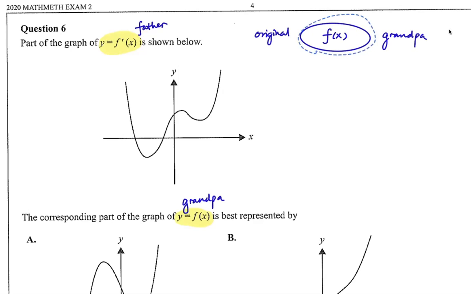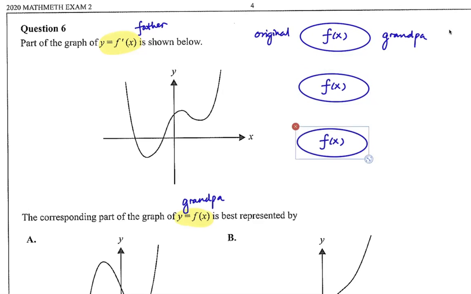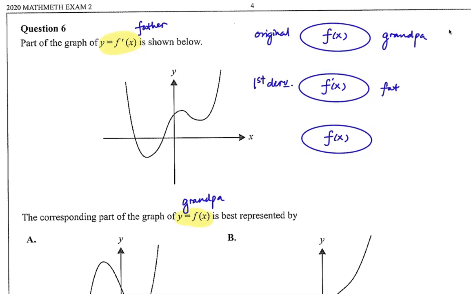And then the first derivative is the father. The second derivative is the son, okay?